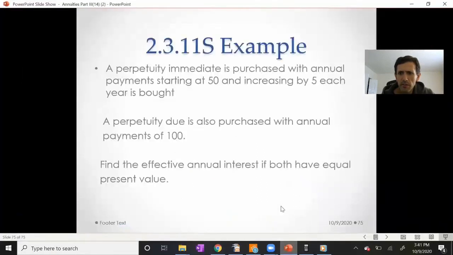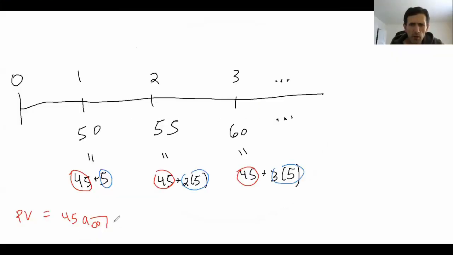Go back here. It is actually annual payments; I was saying per period. Anyway, we don't know what I is, but that's okay. So this is just going to be 45 over I.